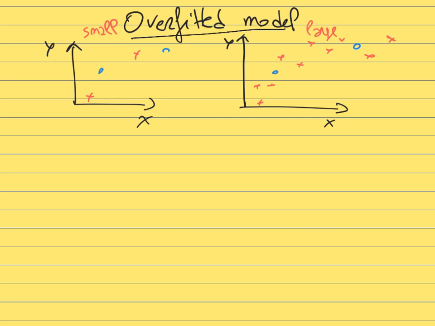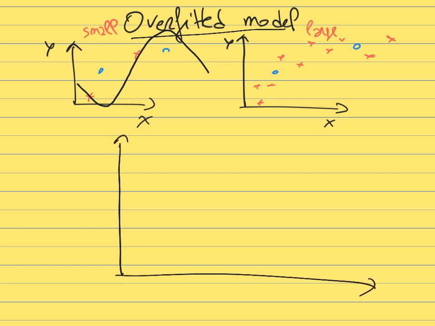So in this case, because the model is overfitted, it's going to be very complex, and maybe your model will look like this. It will go through every point of the training set, and it will have a complex shape like this. So let's see in this case what would be the learning curve.